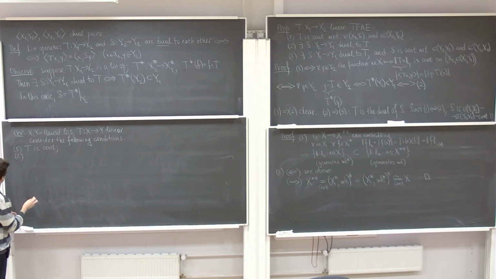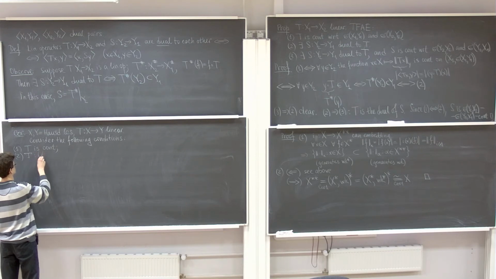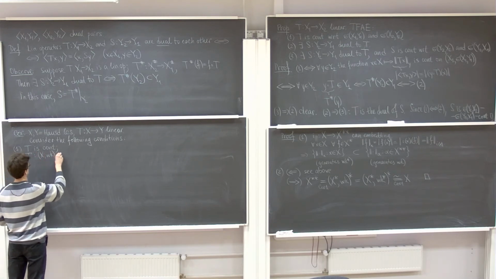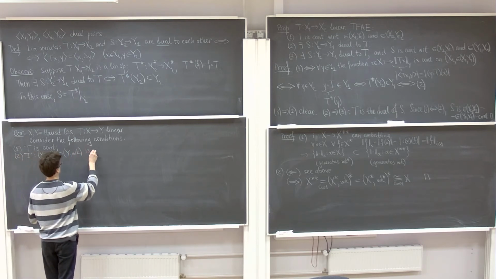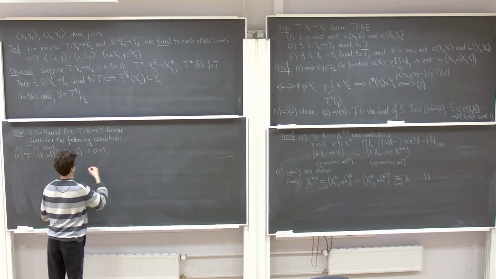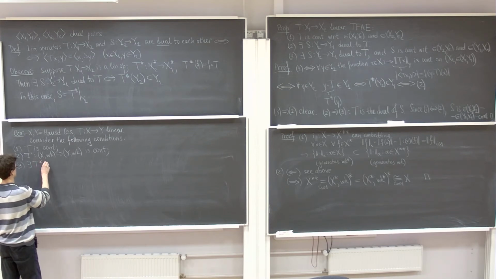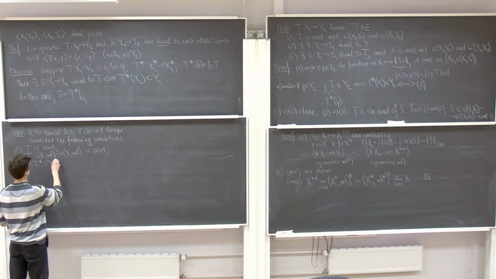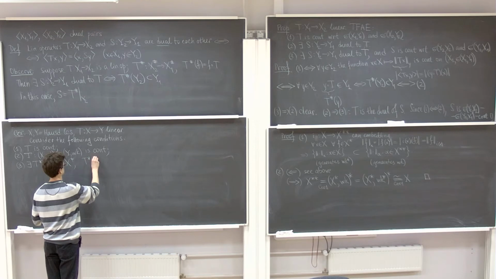Condition 2, T is continuous for the weak topologies. Condition 3, there exists a dual operator T star from Y star to X star given by the following formula.